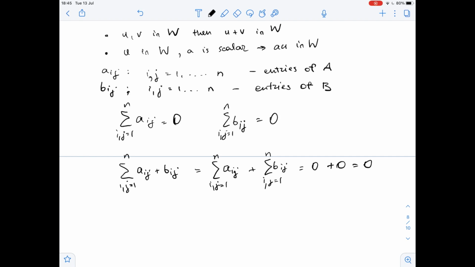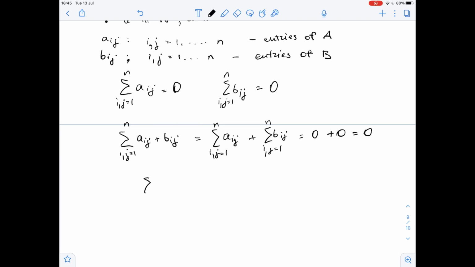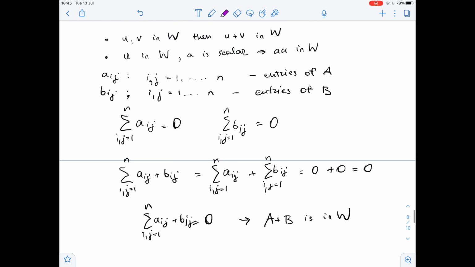So all entries in A plus B have sum 0, so A plus B lies in W. We have proven the first property.